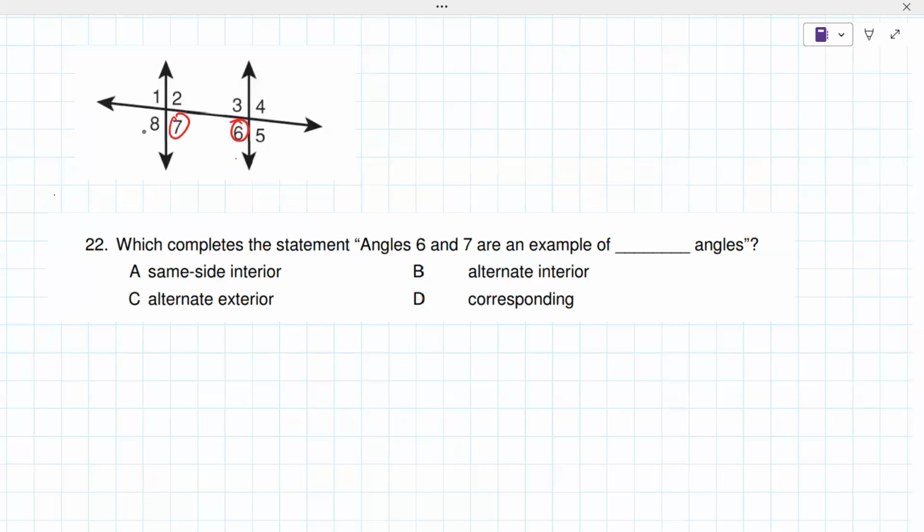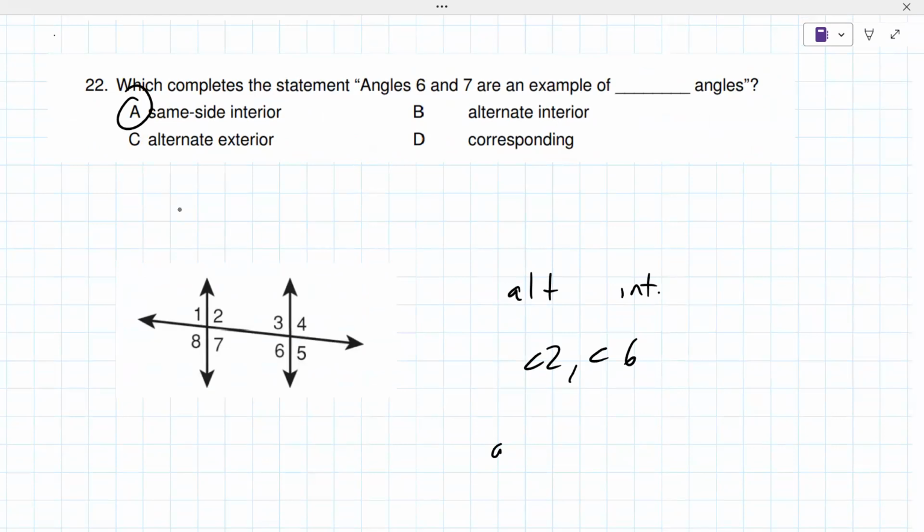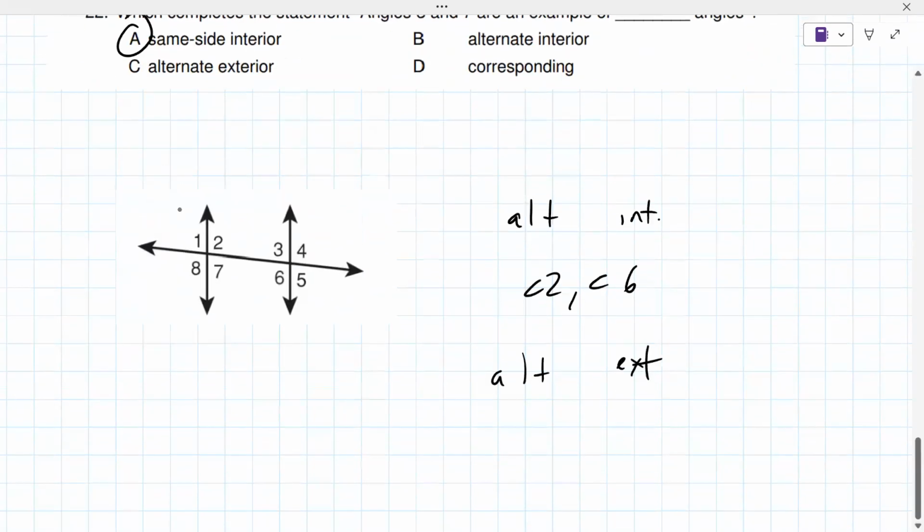Would that be same side interior? Yes. Okay. Can you give me an example of alternate interior? 2 and 6? Angle 2 and angle 6. And how about alternate exterior? 1 and 5? 1 and 5.